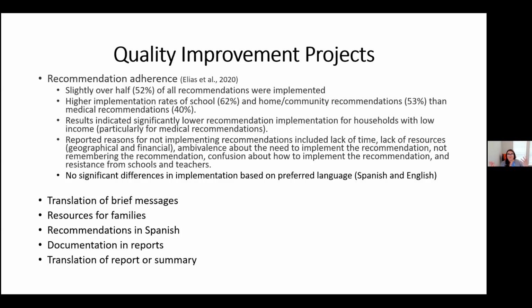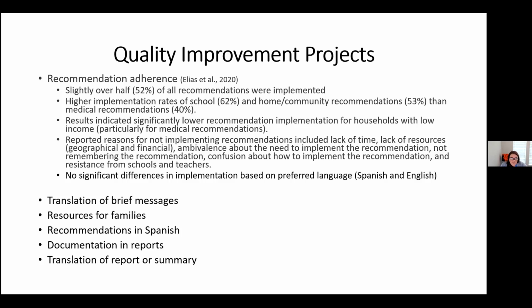Our reports are the most important thing that we do at the end of the day. So what is actually being implemented? When we looked at that, about 52% of all recommendations in our reports were implemented. So think about that when we're writing 16 or 17 recommendations. And results indicated that there was lower recommendation implementation for households with lower income.